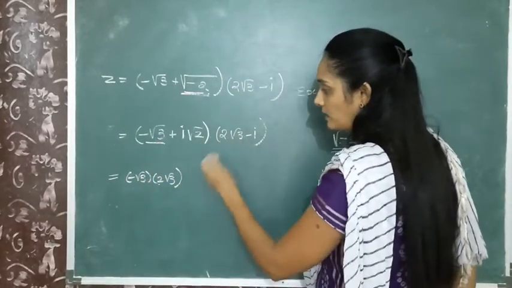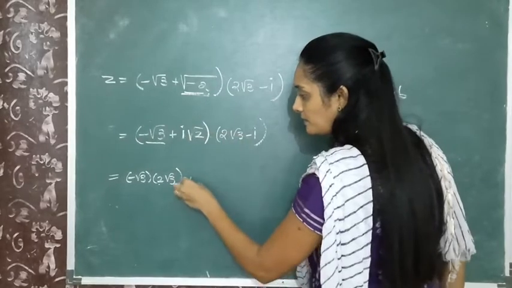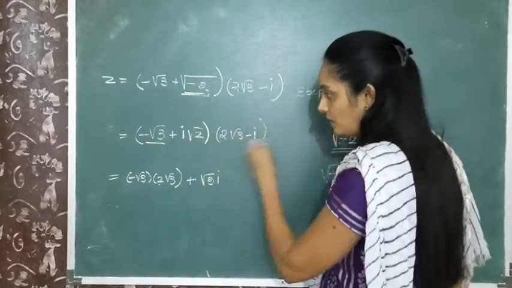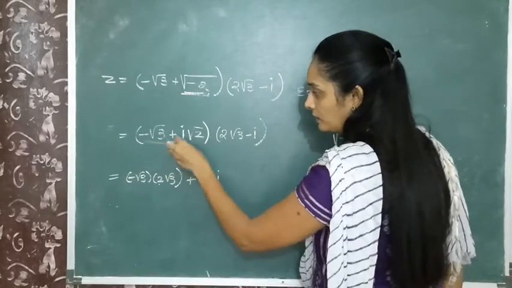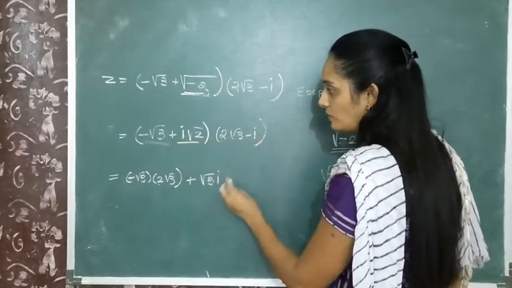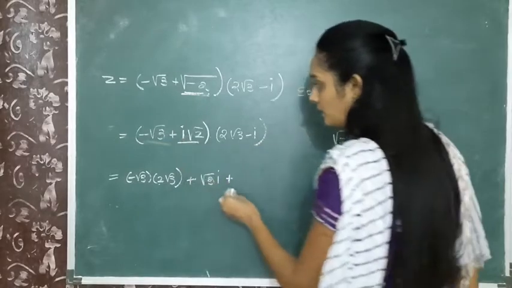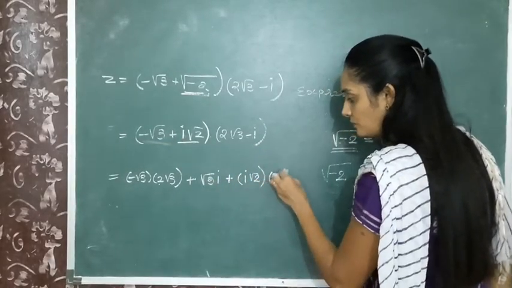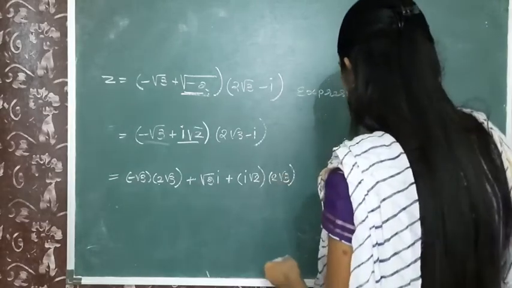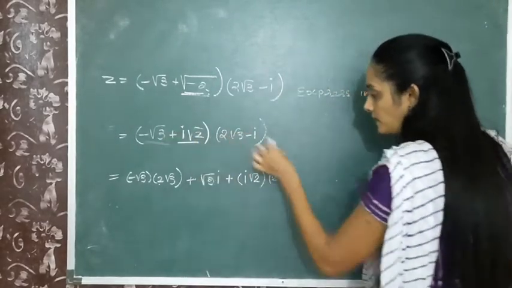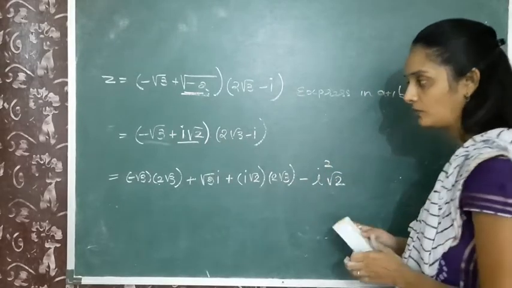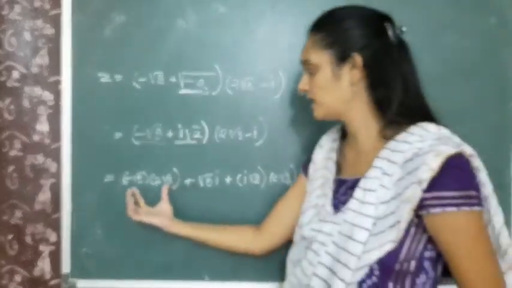Second term, minus into minus, plus root 3 i. Next, this term is multiplied by these two terms, so plus i root 2 times 2 root 3, plus minus minus i square root 2. If you understand, you can write these steps directly.